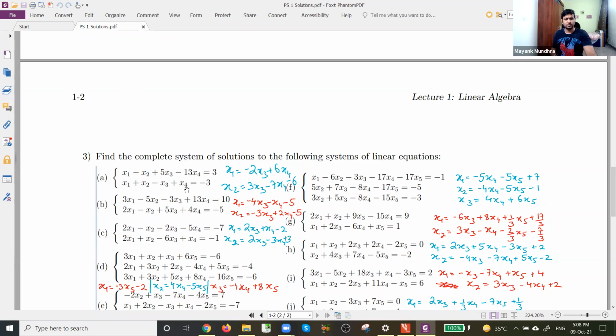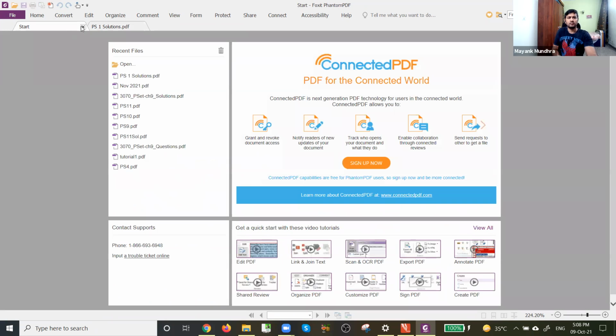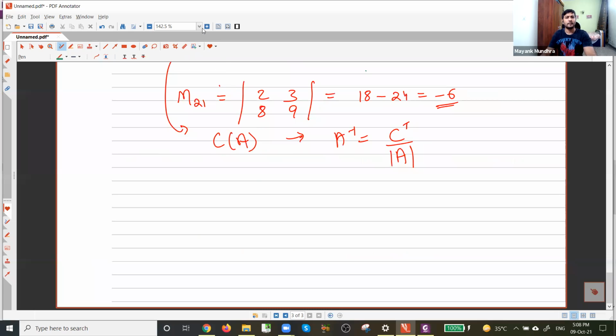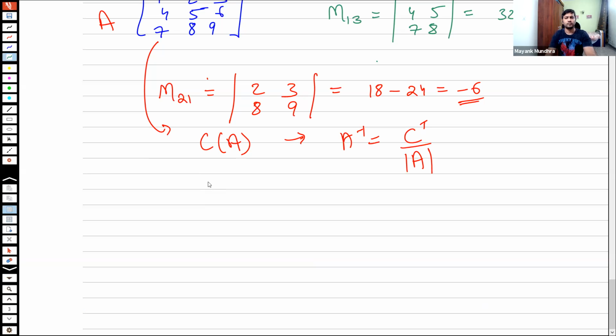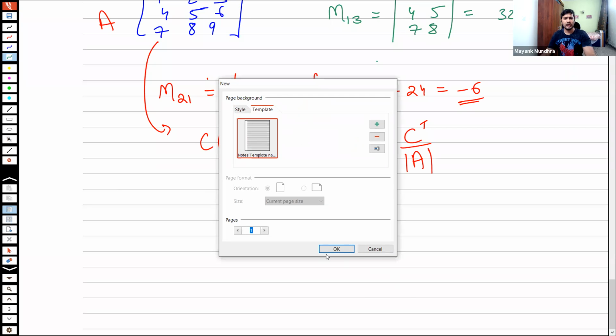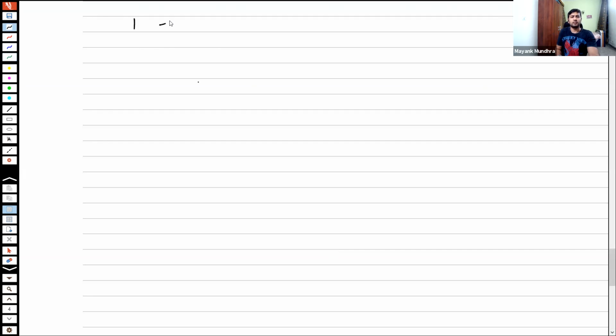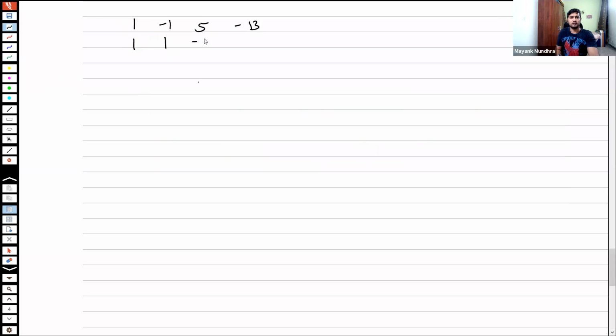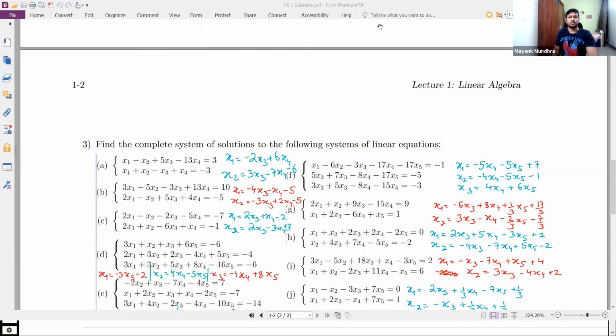The matrix is 1, minus 1, 5, minus 13, and the next row is 1, 1, minus 1, 1, times w, x, y, z, equals 3, minus 3.